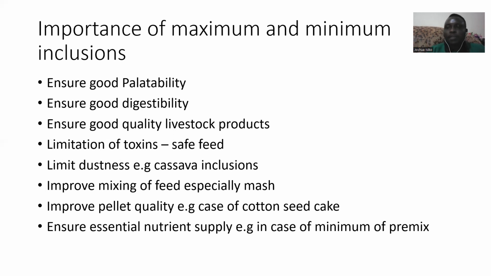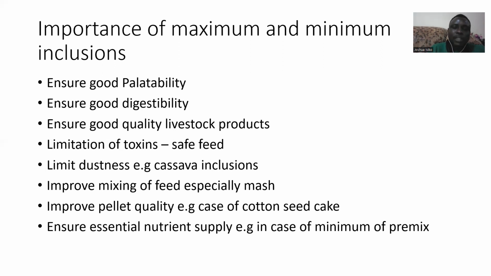Every ingredient, even if it was innovated yesterday, should have a maximum inclusion or a minimum inclusion, but especially a maximum inclusion. Some of the new ingredients that are trending right now, like black soldier fly, we are still getting information and research on maximum inclusions, and how those inclusions affect meat quality, growth, feed conversion rate, egg quality, and many other things.